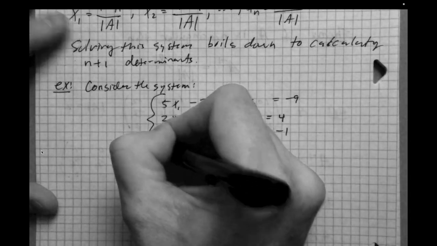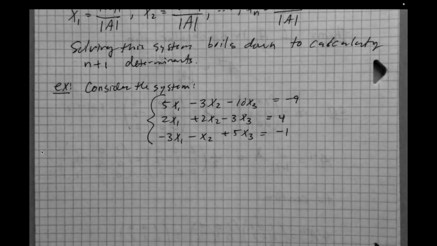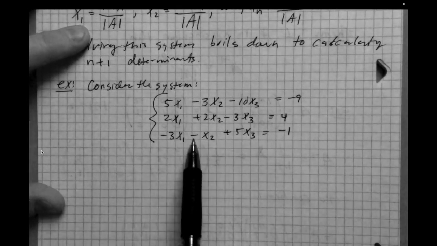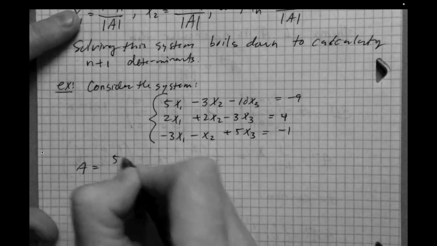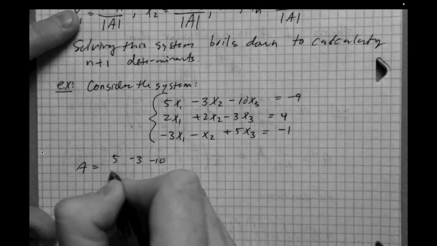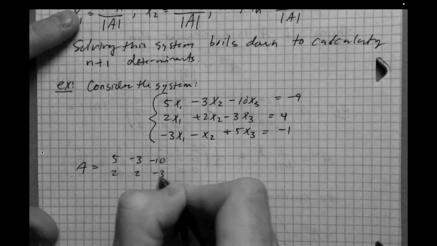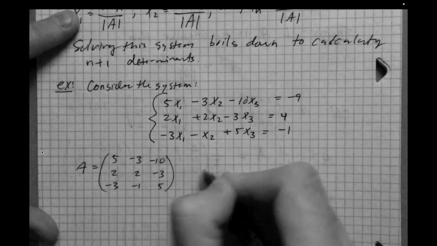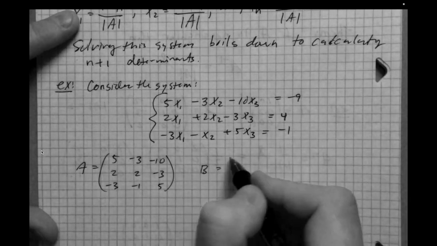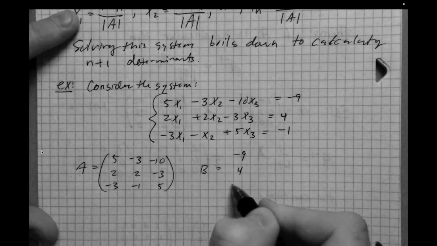So this is your system. From this we can extract the coefficient matrix A and the scalar matrix B. A is just going to be 5, negative 3, negative 10, 2, 2, negative 3, negative 3, negative 1, 5. And B, of course, is negative 9, 4, negative 1.